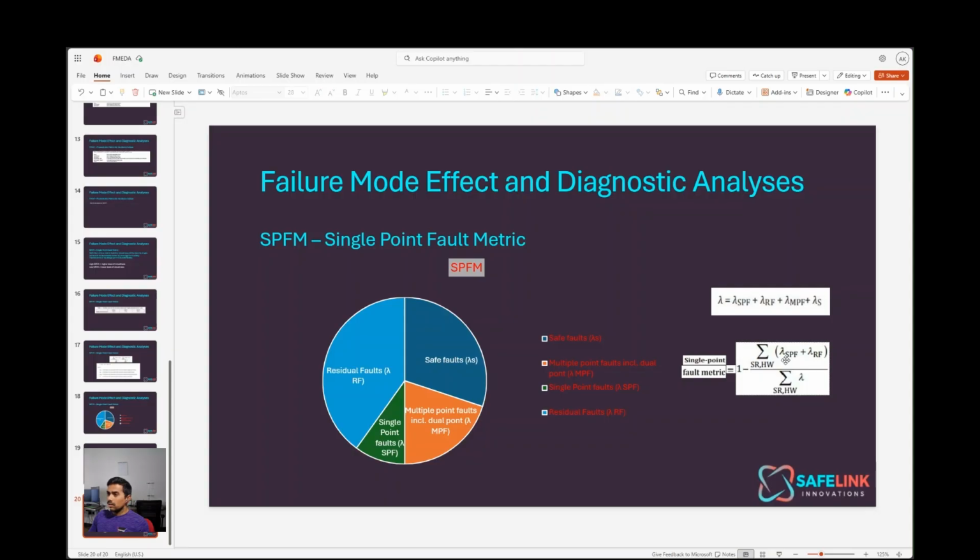The numerator here is the sum of this chunk here and then this chunk here. This is the residual fault. And then the denominator here is all of it.